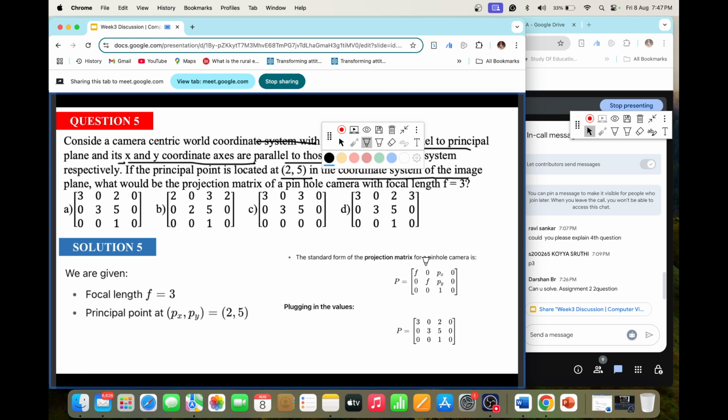So f 0 px 0, px is 2. So 3 0 2 0. So I think option A is the answer. And let's check another row. So 0 f py 0. So 0 3, yeah, py is 5, 0, and 0 0 1 0. So option A is the answer.